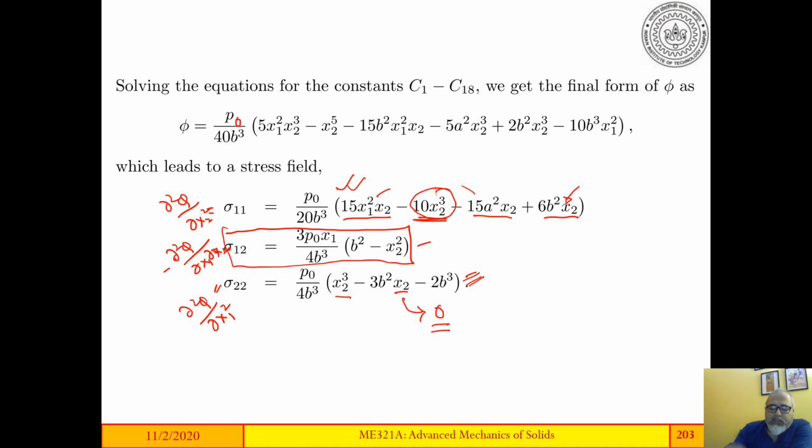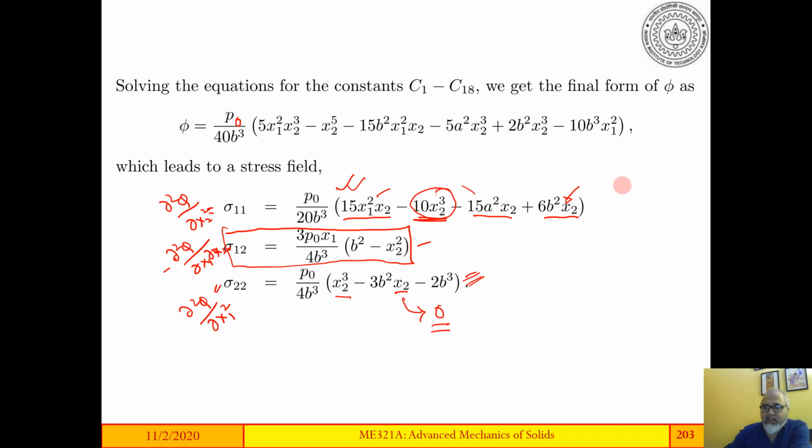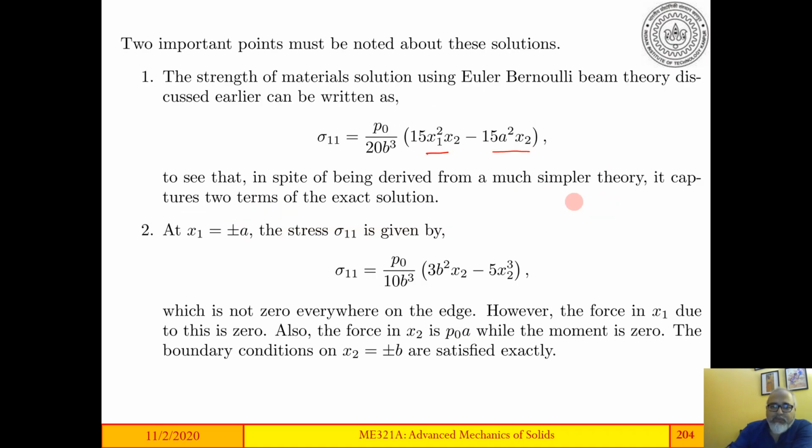Okay. One more point that I want to make is about these weak boundary conditions. Now that we have got the solution for sigma 1,1, we can put x1 equal to a and write down sigma 1,1. If we do that, this is what we will get. Sigma 1,1 at x1 equal to a is this.